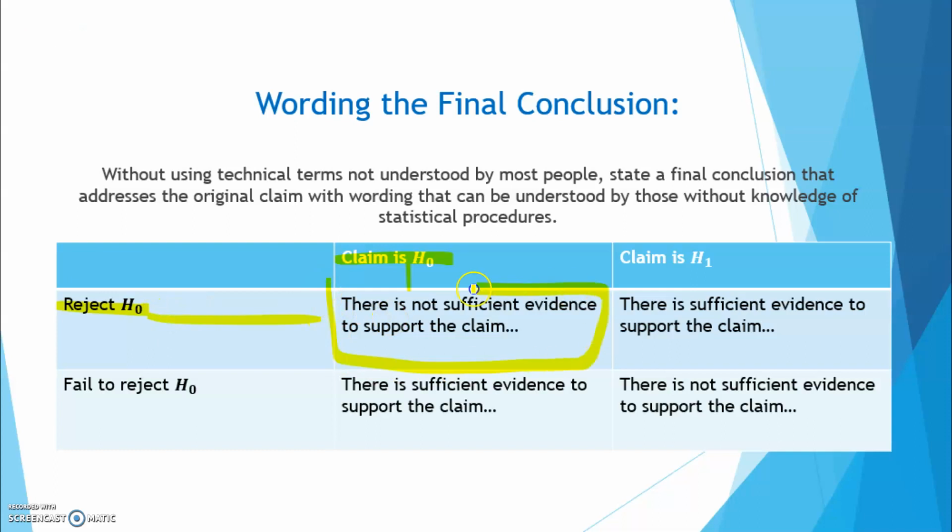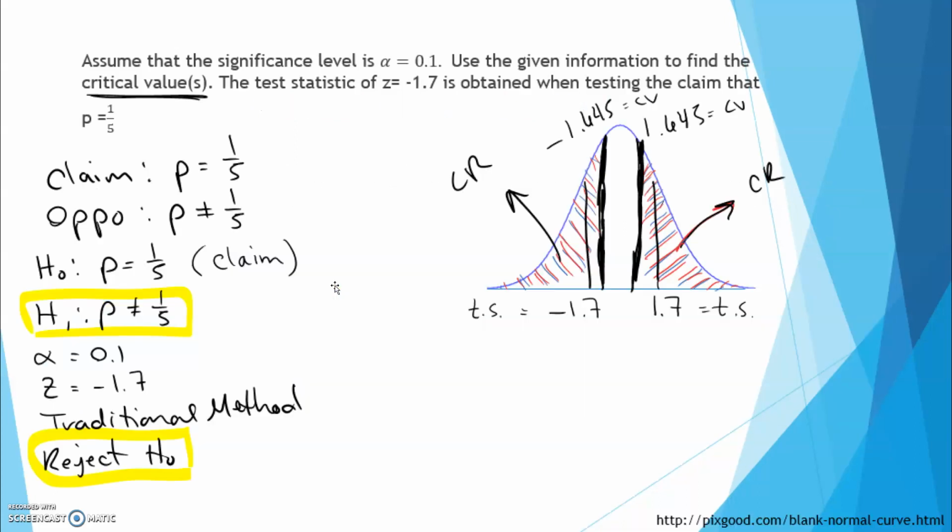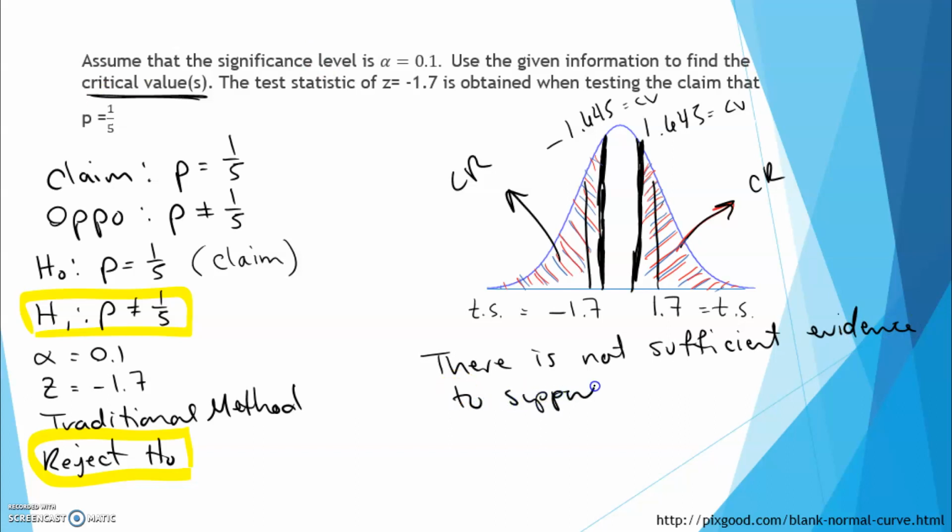So that would be there is not sufficient evidence to support the claim that p is equal to 1 over 5. And that is your final answer for that.